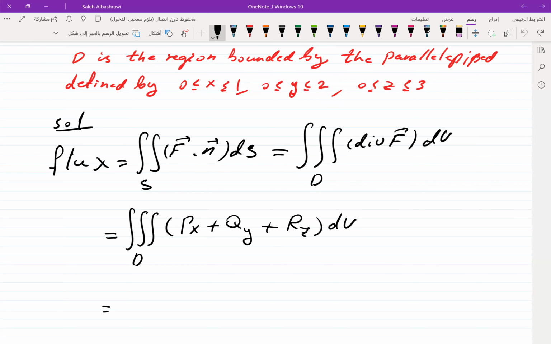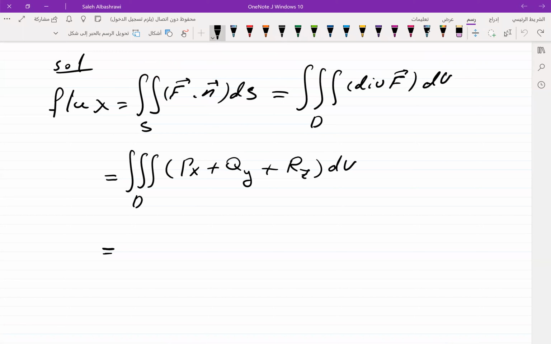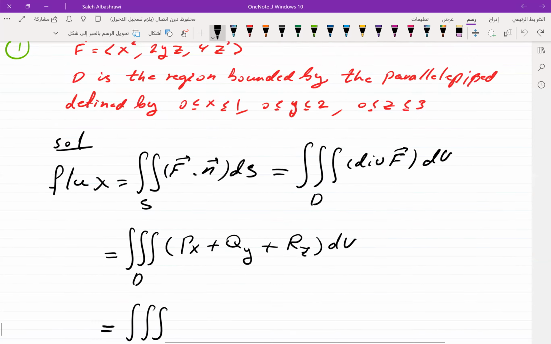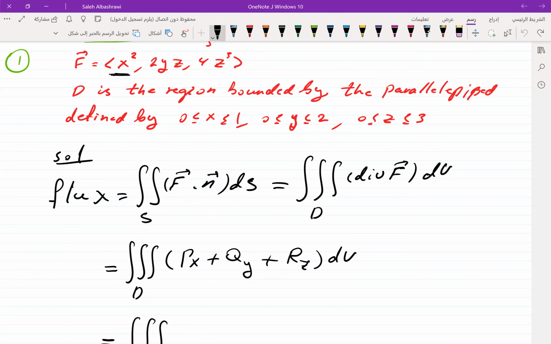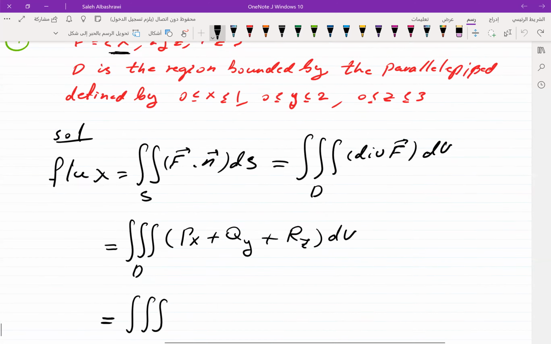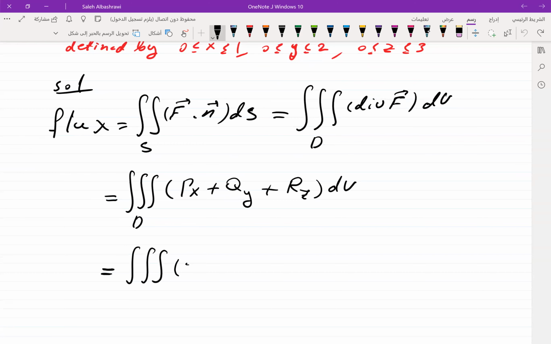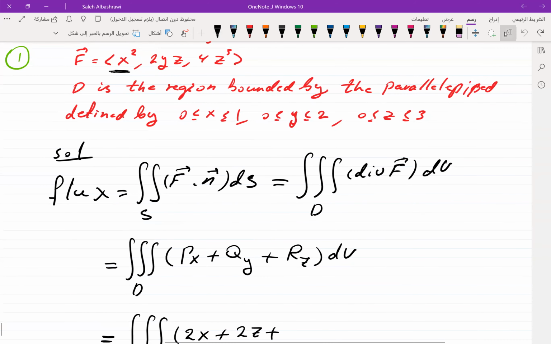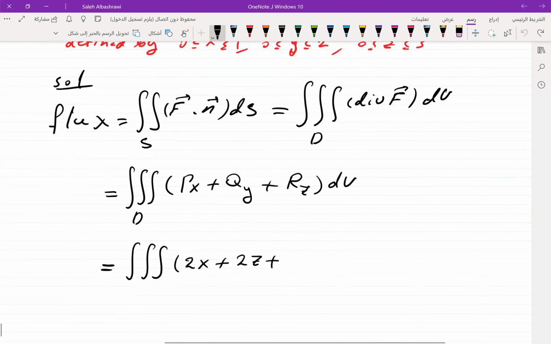Now the partial derivative with respect to x, I will have 2x. So it is 2x plus the partial derivative of Q with respect to y, which is 2z. And the partial derivative of the third one with respect to z equals 12z squared.